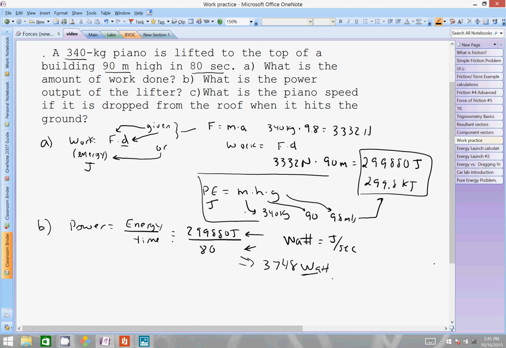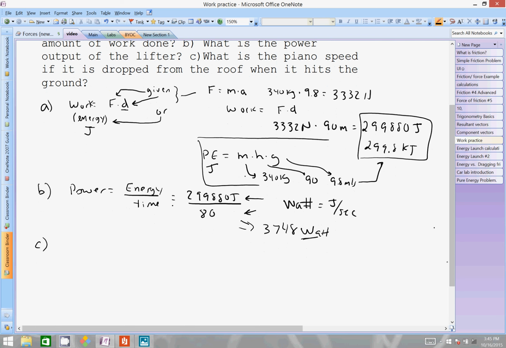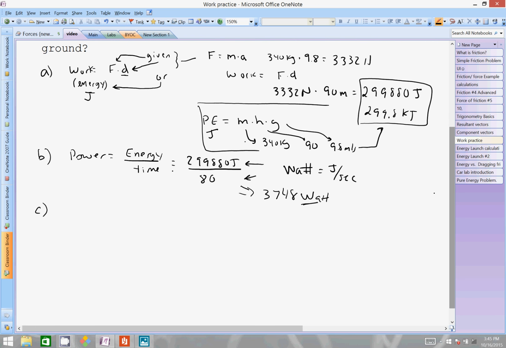Don't get this W confused with work. Two different things. Now C is a review question from maybe a previous chapter, but let's use energy to solve this problem. Of course, you know that energy comes in a few forms.